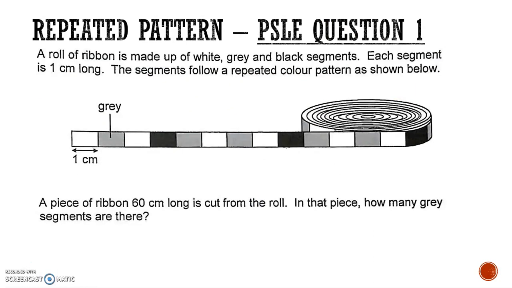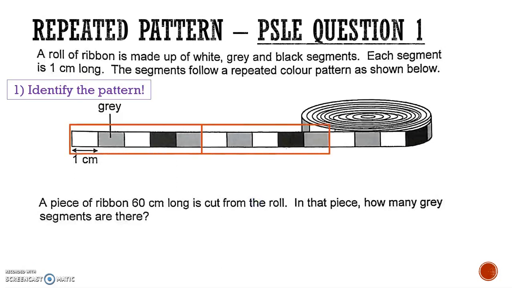Let's try a PSLE question. You can press the pause button now and try to solve the question by yourself. Okay, are you ready to check your answers? Let's go through the steps. First, of course, we must identify the pattern. And to do that, we boxed it up or circled it.